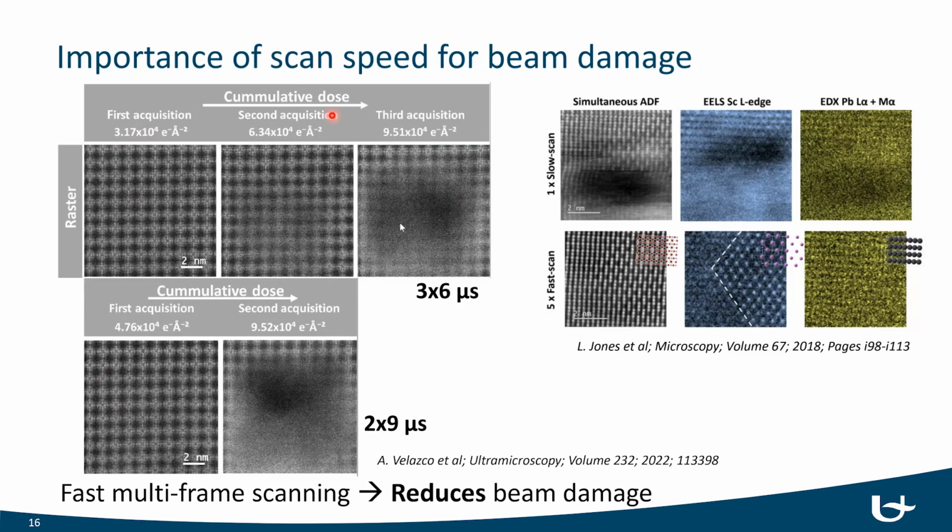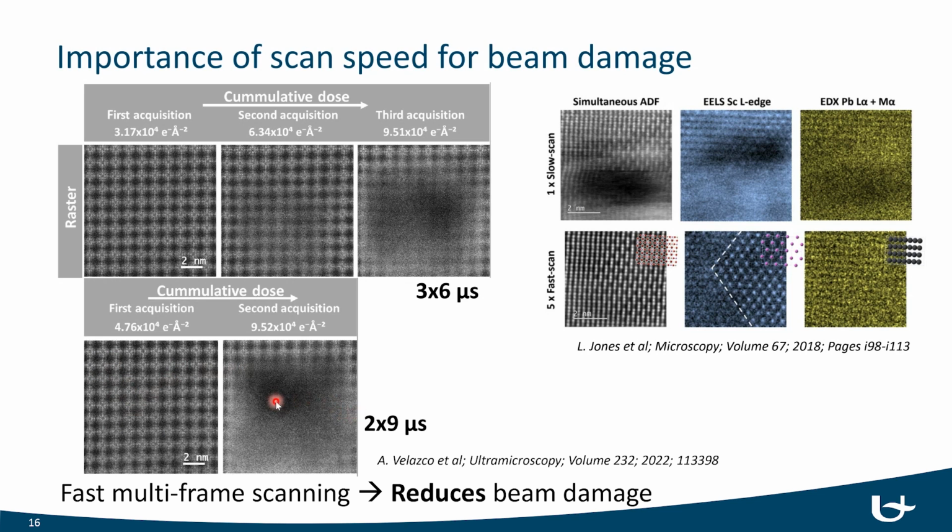There are 2 papers shown here, and there is much more work on this, showing that you do get significantly less beam damage for the same amount of dose compared to if you do 1 slow scan. So in this case, for instance, there are 2 fairly slow scans of 9 microseconds each, and you see a material here that gets badly damaged after the second recording.